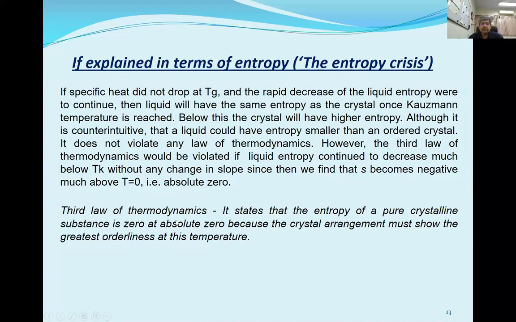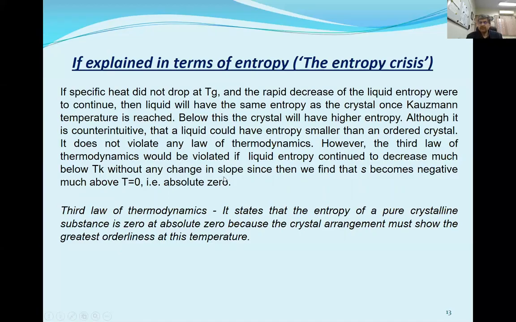The third law of thermodynamics states that the entropy of a pure crystalline substance is 0 at absolute 0, because the crystal arrangement must show the greatest orderliness at this temperature. So what is happening is that this third law of thermodynamics is getting violated if the entropy continued to decrease much below the Kauzmann temperature without any change in the slope.